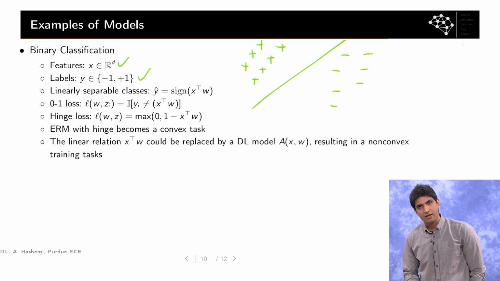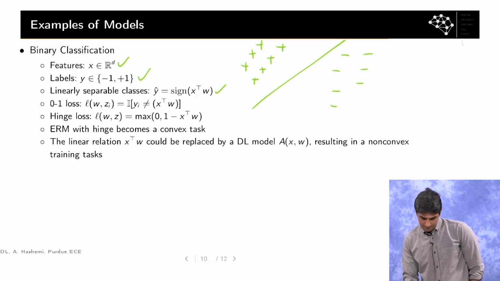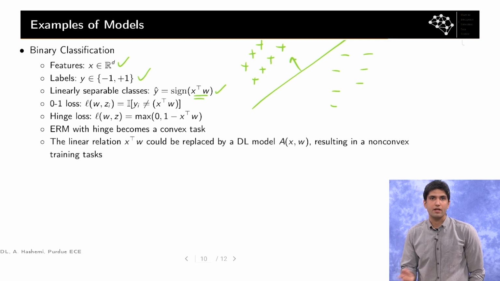Therefore, a natural class of models is basically models of the following form, right? So they look at basically the inner product between x and w. So w is basically the normal to the hyperplane. And if that inner product is positive, we say that, hey, this image belongs to the positive class.